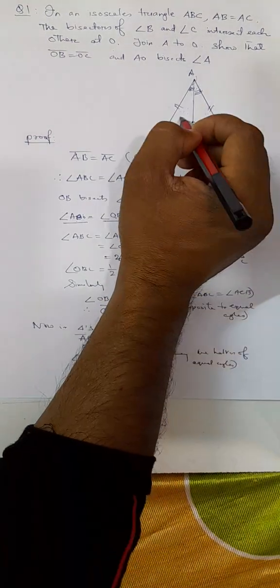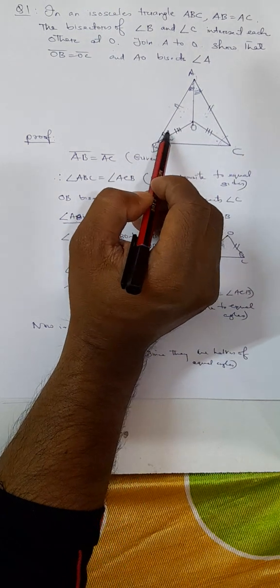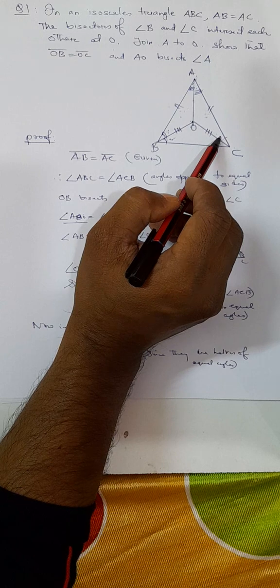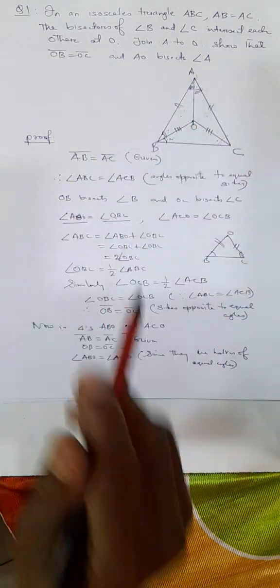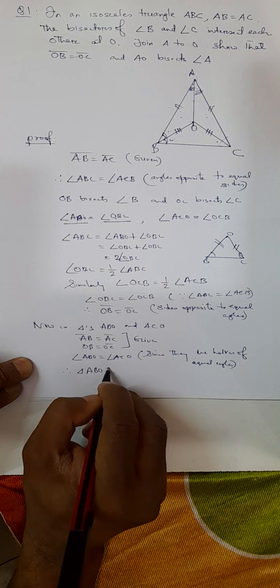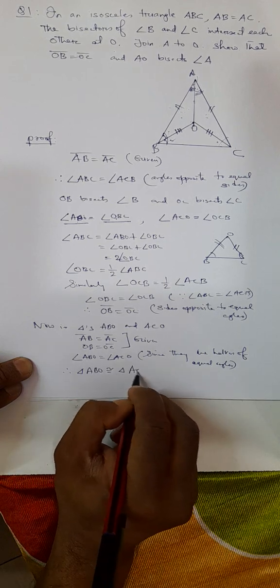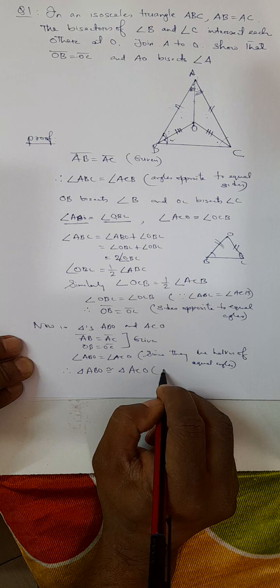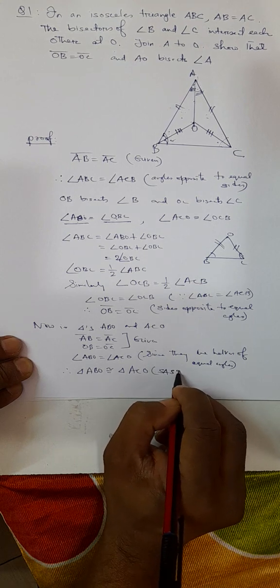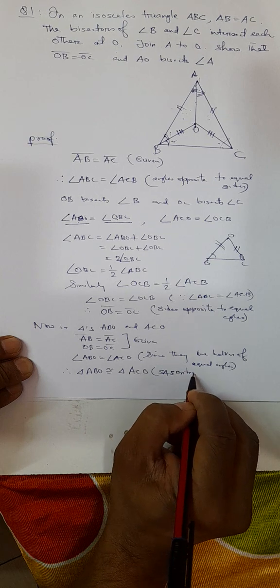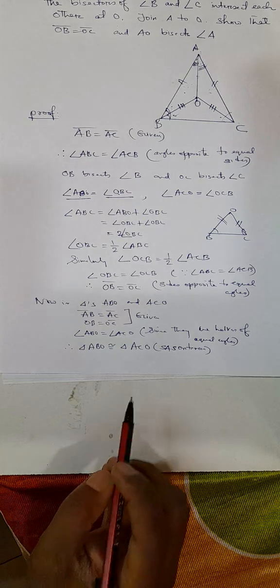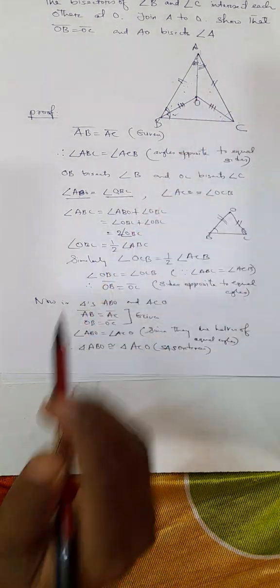So we find that in these two triangles, two sides and included angle are equal to two sides and included angle of the other triangle. So they are congruent. Therefore, triangle ABO is congruent to triangle ACO by SAS criterion. Right? By SAS criterion, these two triangles are congruent.